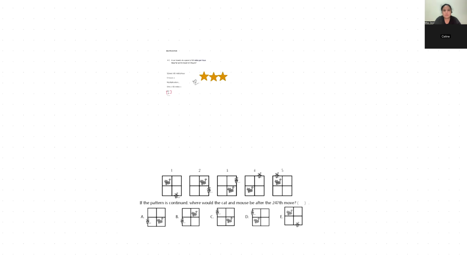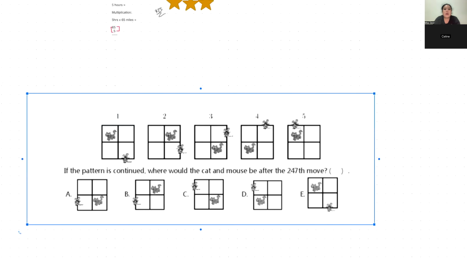Can you see it, Celine? Yes. There are five patterns here. If the pattern continues, where would the cat and mouse be after the 247th move? This is quite challenging, I know. In the pattern below, the cat moves clockwise.